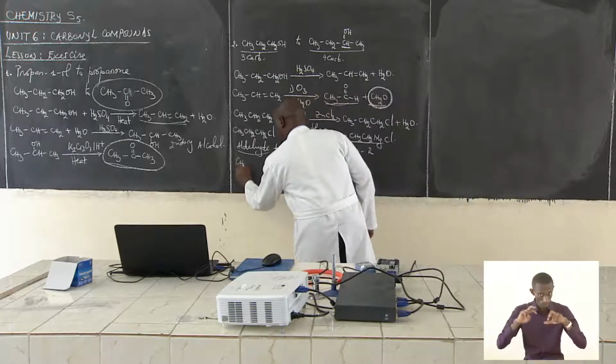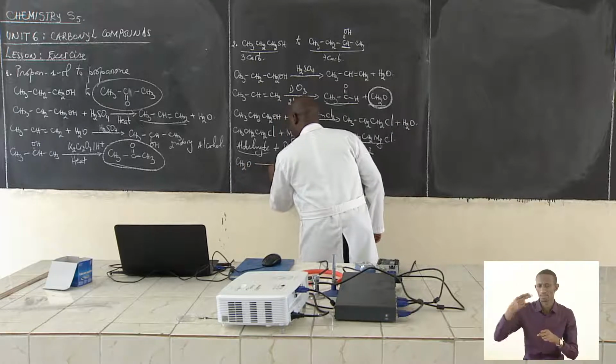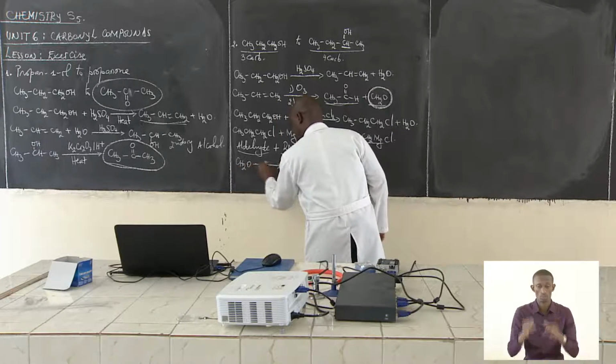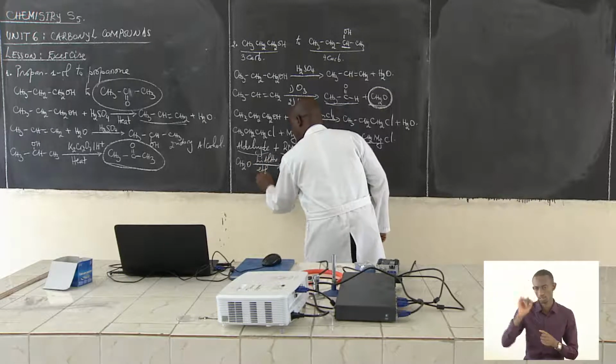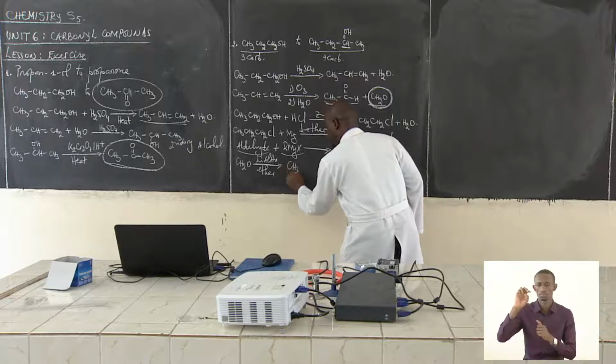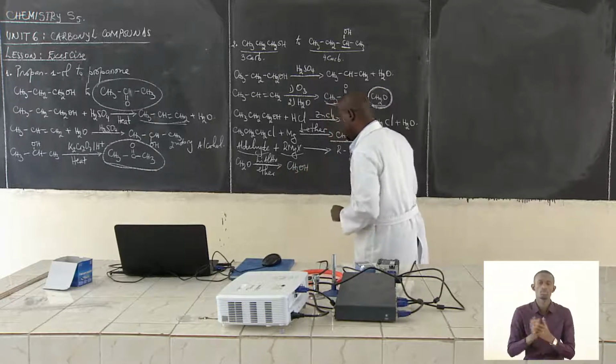From CH2O, if we reduce it with lithium aluminium hydride in ether, we produce an alcohol, CH3OH.